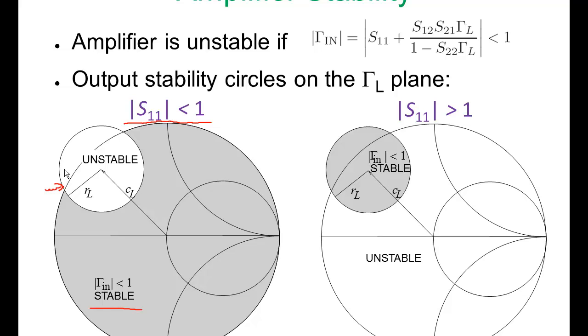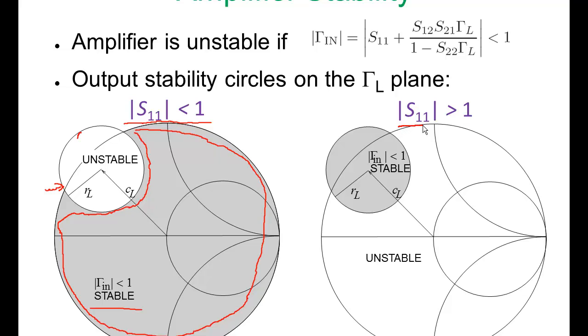So just considering the output of our circuit, we must make sure that gamma L, the reflection coefficient looking into the output matching network, is only in this shaded region and never goes into that unshaded region. So we can design an amplifier to be stable even if it is not unconditionally stable. If it was unconditionally stable, this circle would be outside the unit circle of the Smith chart.